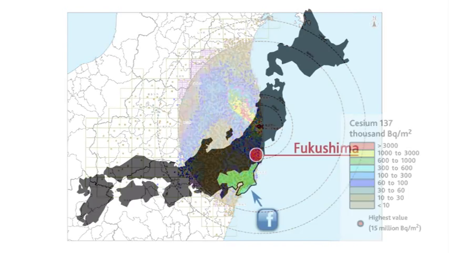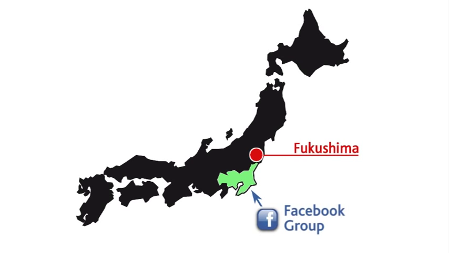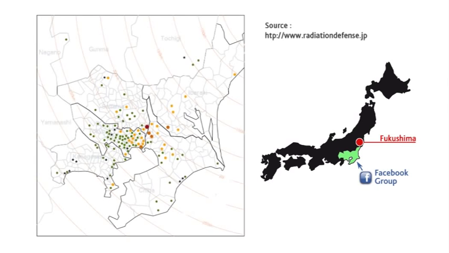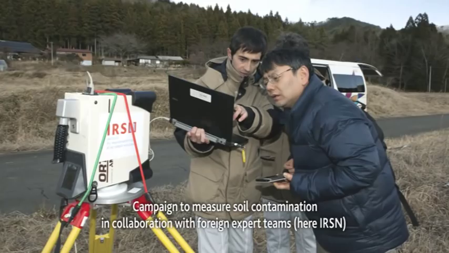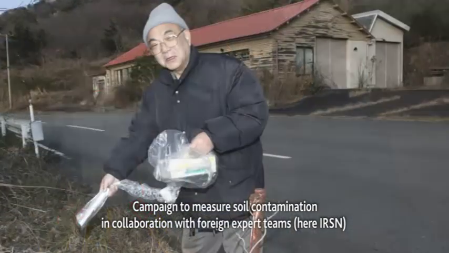Citizens took initiatives like this Facebook group, whose members have purchased radiation detection instruments. These instruments have allowed them to measure radiation and to publish their own maps, corresponding here to the suburbs of Tokyo. All these maps are essential in managing the post-accident phase.